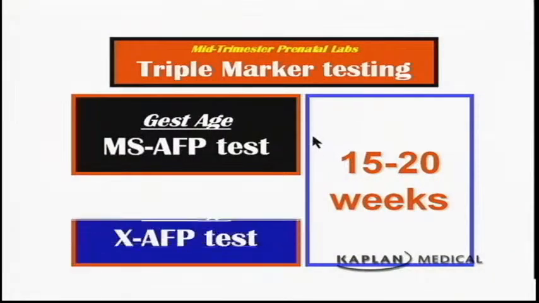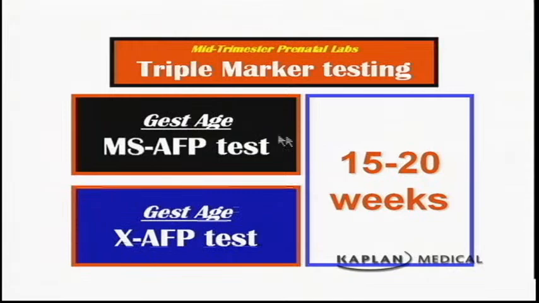The triple marker screen, and we will often use an abbreviation, which is XAFP for expanded AFP. Geneticists use this as a shorthand. The expanded AFP is done at the same gestational age as the MSAFP, which is 15 to 20 weeks. But remember, again, the MSAFP is never done nowadays in isolation. It is always done as part of a triple or a quadruple screen.